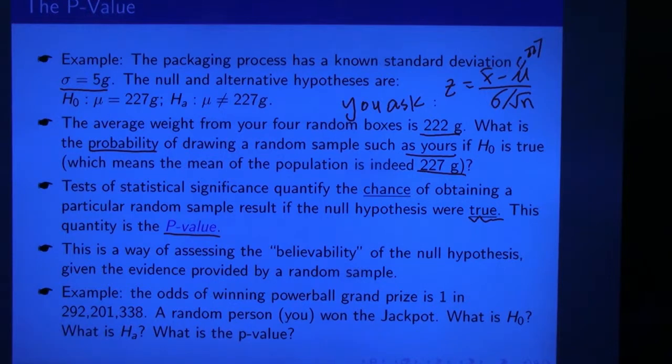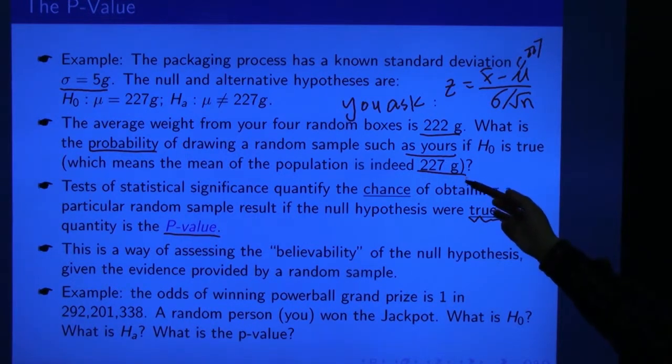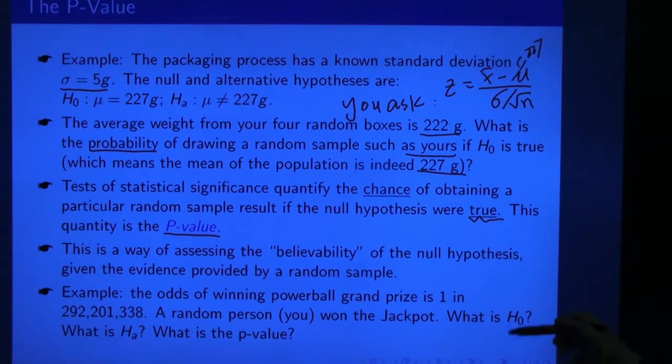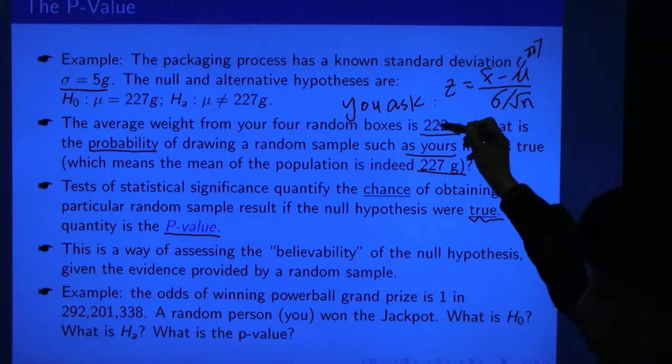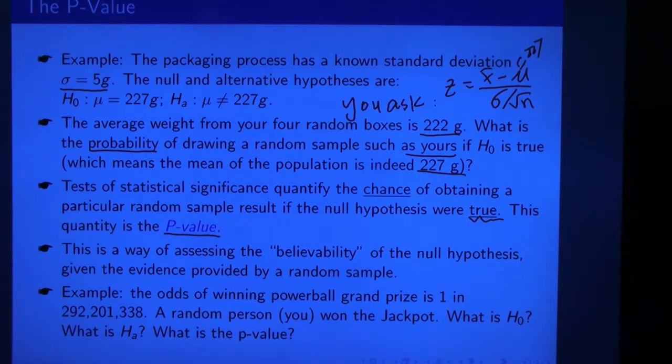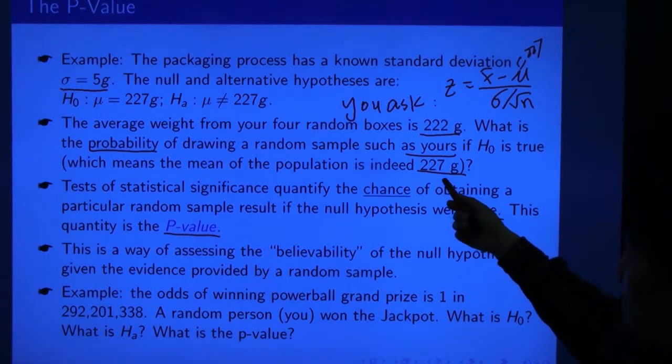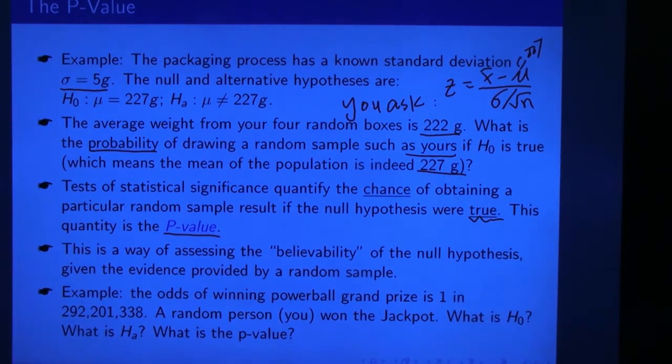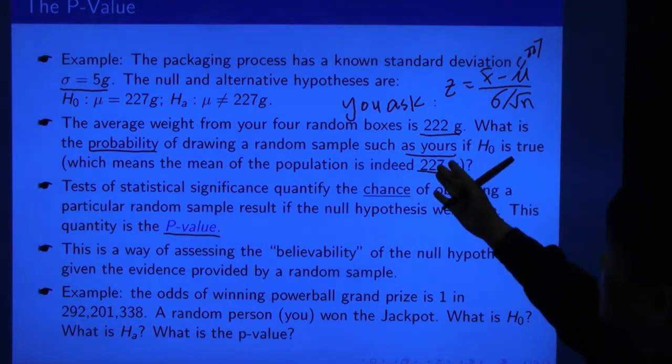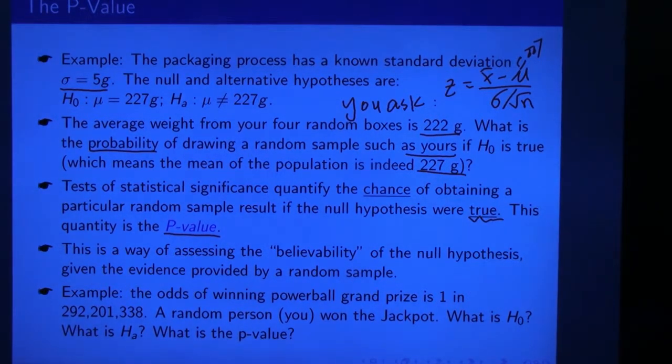That means it is not likely. If the population mean equals 227, you are unlikely to get a random sample like yours. Or if you calculate this probability and it equals, for example, 50%, that means if the population mean equals 227, you are likely to get a random sample like yours.